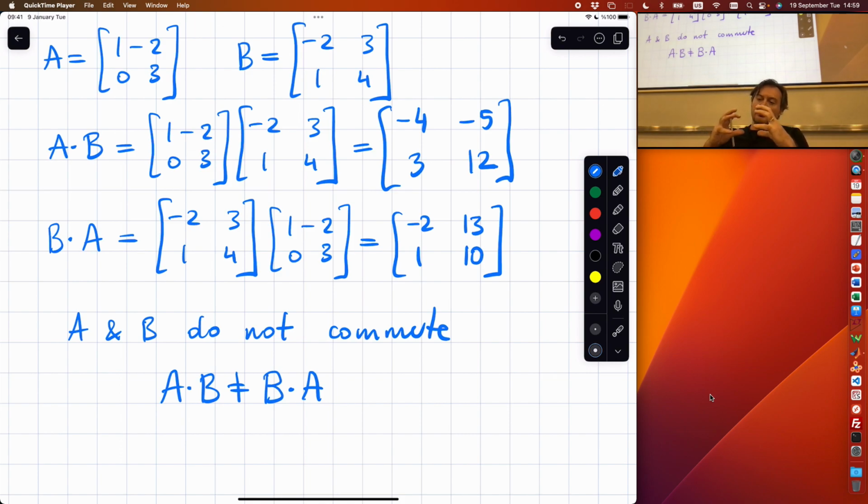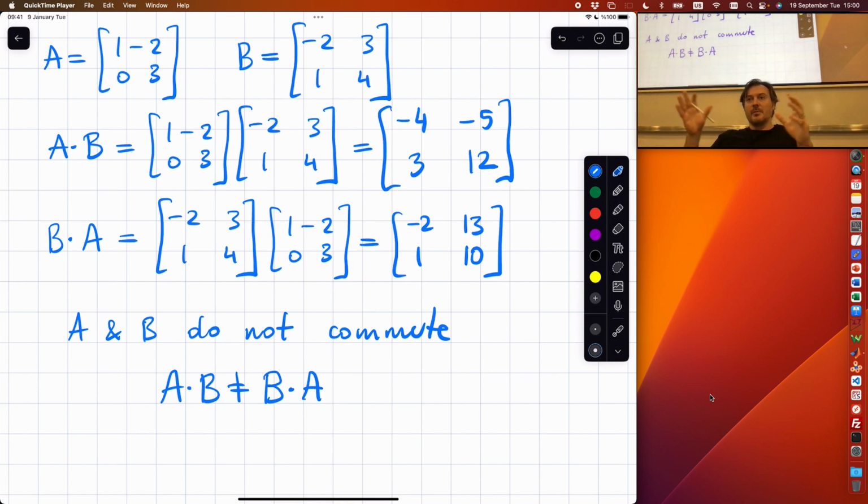Or you take the Rubik cube, okay, and do this and then do this. Okay, versus doing this and then doing this. They are different. But take the Rubik cube and do this and this versus this and this, they are equal. So these operations in the Rubik cube do commute. It doesn't matter which one you do first.